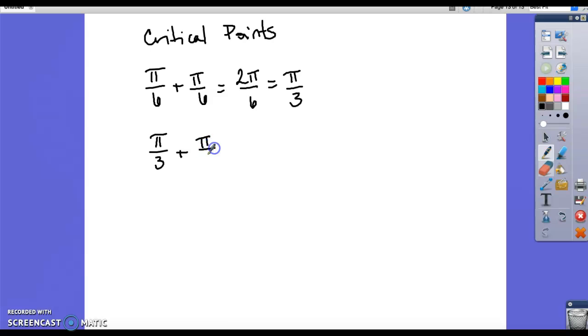Okay, pi over 3 plus pi over 6. I need common denominators here, and actually I already know that's 2 pi over 6.